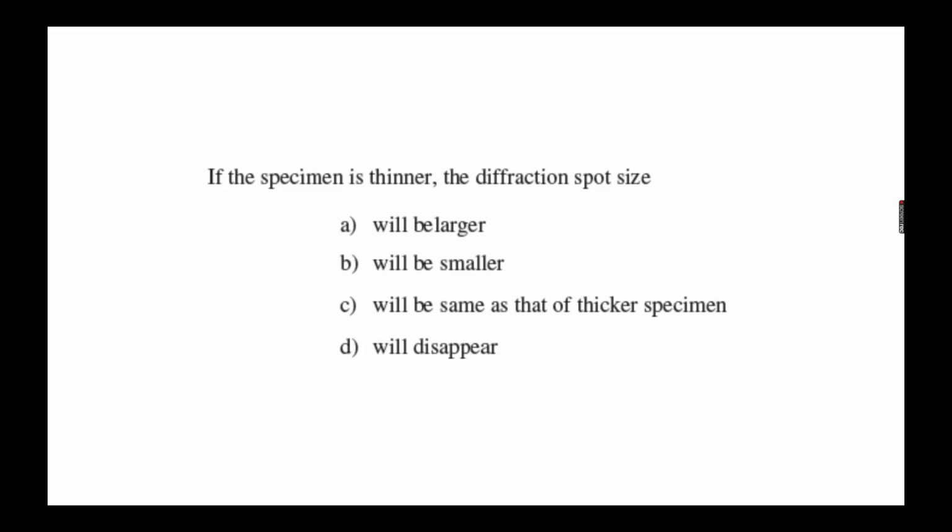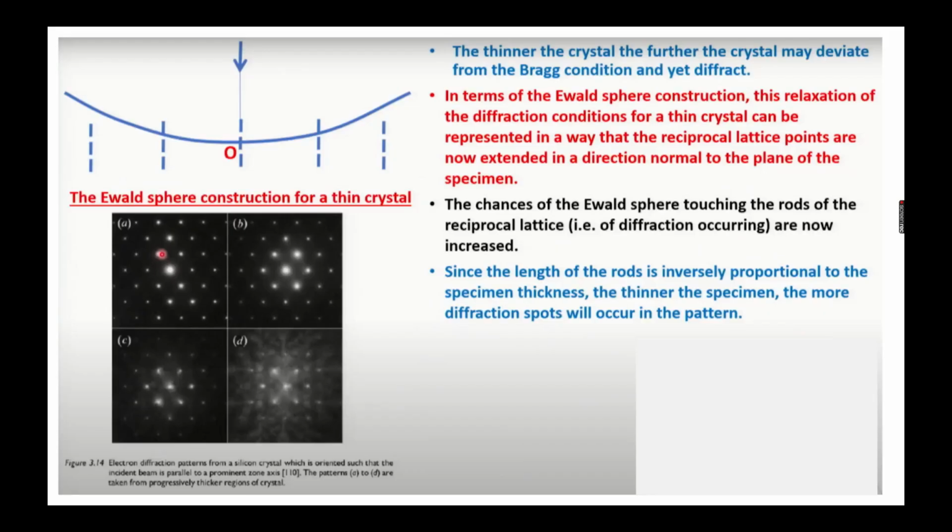So okay, let's come to the question. It is regarding the thickness of the material and the diffracted spot size. In the diagram below you can see many diffracted spots, and you will be able to see the difference in the spot size.